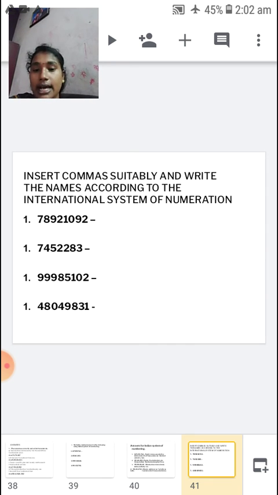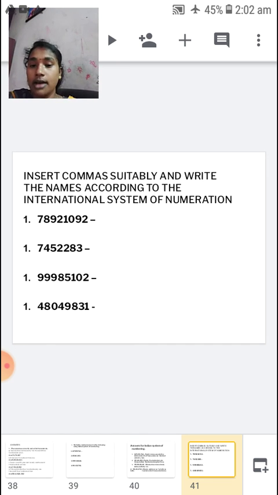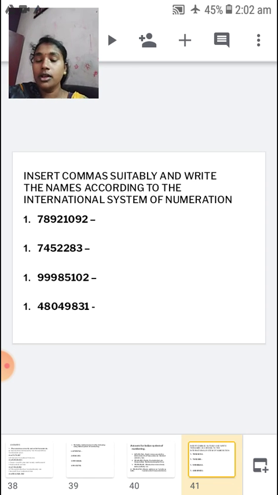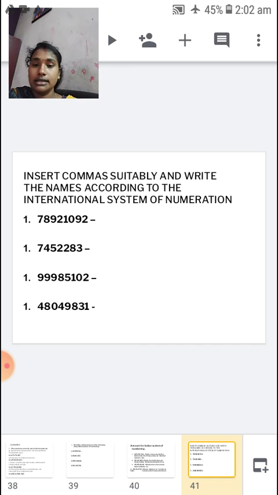In the third question we have 9, 9, 9, 8, 5, 1, 0, 2. And in the fourth we have 4, 8, 0, 4, 9, 8, 3, 1. When you insert the commas and write the names according to the international system, you have to ensure that after 3 digits there is a comma. Okay, so let me tell the answers.